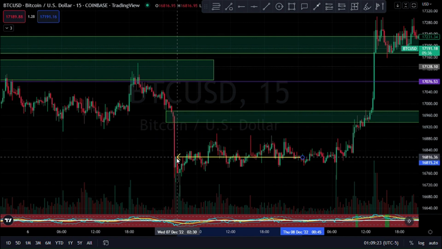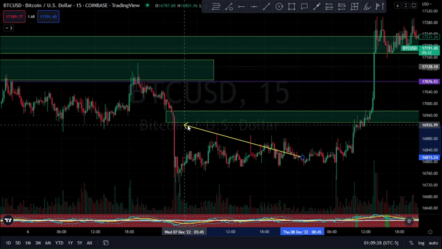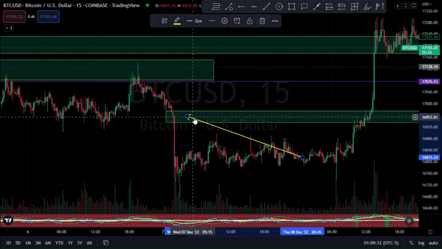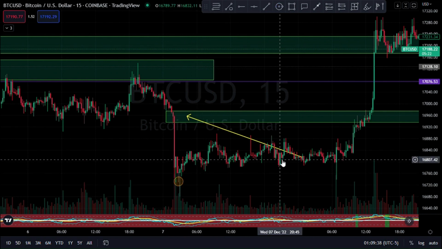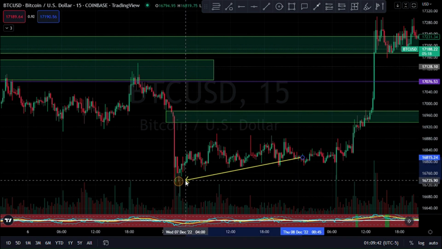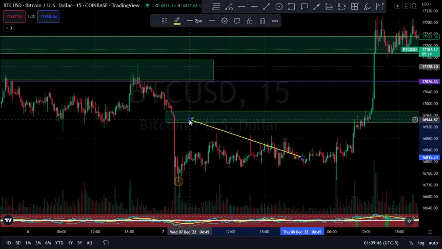Once you see this large candle happen, you could take this box and make it a supply zone when your price action is down here. So if price action is right here at that level, you are able to mark this up as a supply zone.